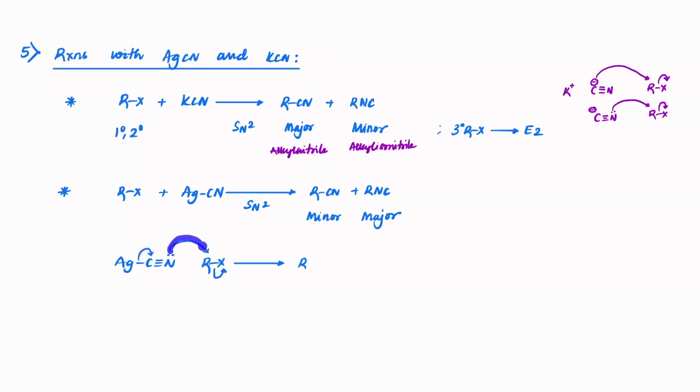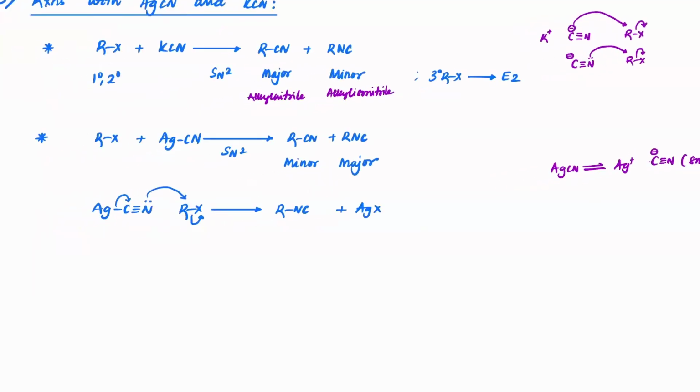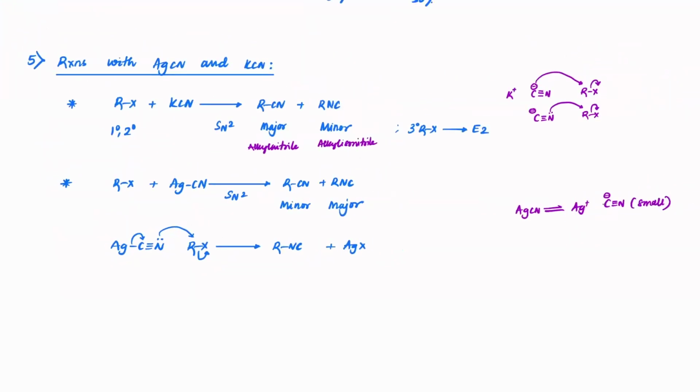It is attacking from the nitrogen end only, and then you will get RNC and AgX. A very small proportion of AgCN will be in an ionized form, that is Ag plus and C triple bond N minus. Because this is in a small quantity, you would notice only cyanide as a minor product and isocyanide as the major product. Clear with this one, right?